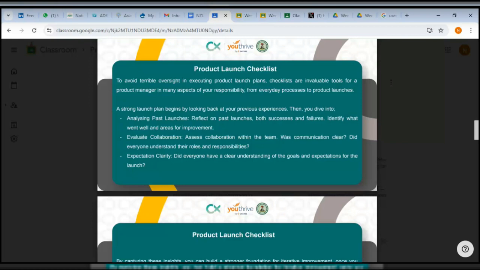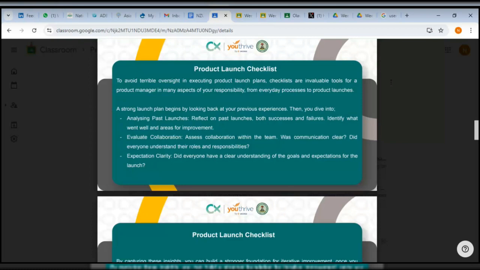The features might not have every single thing you plan to put in it, but everything that is a basic feature for your product needs to be functional. That's your goal when you're launching a product for the first time. And it's important that everybody is clear on that. Every stakeholder is clear on that.